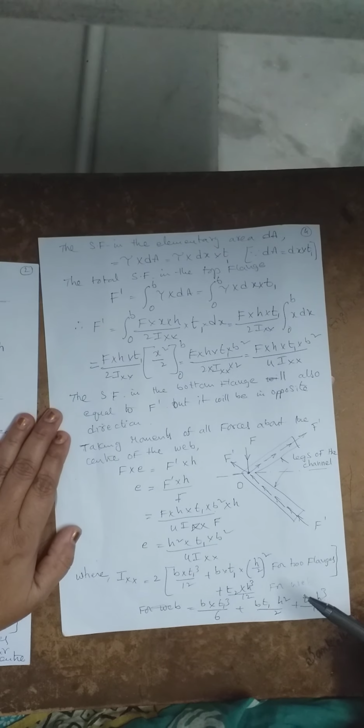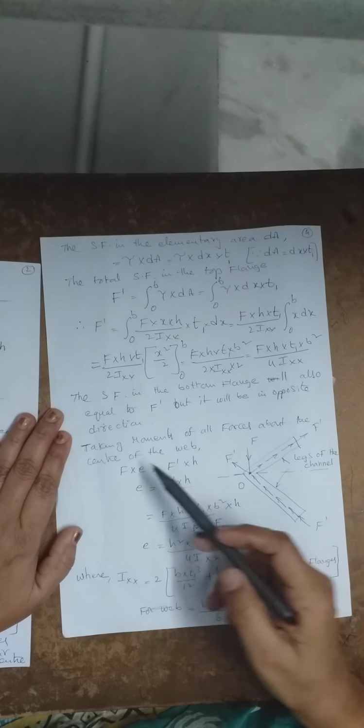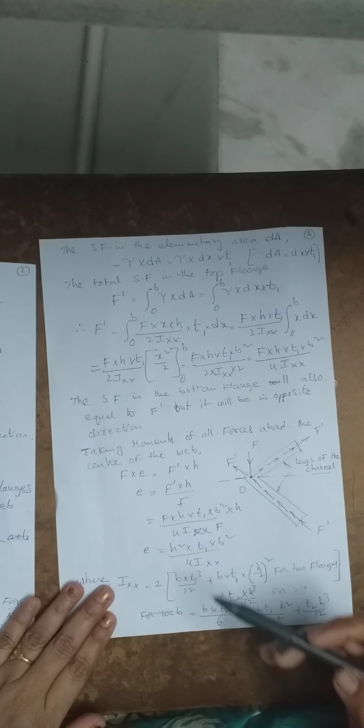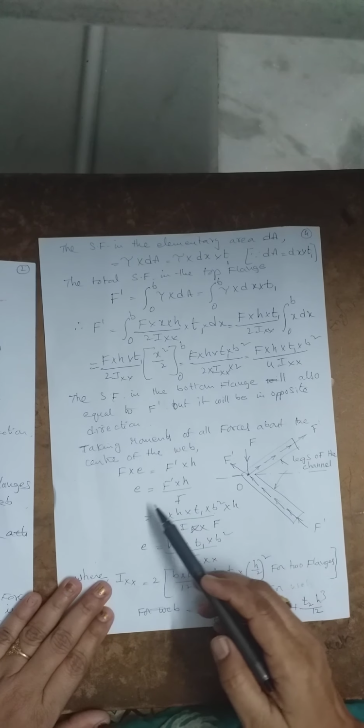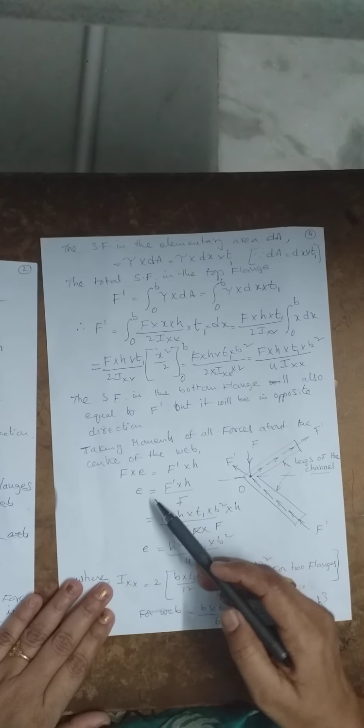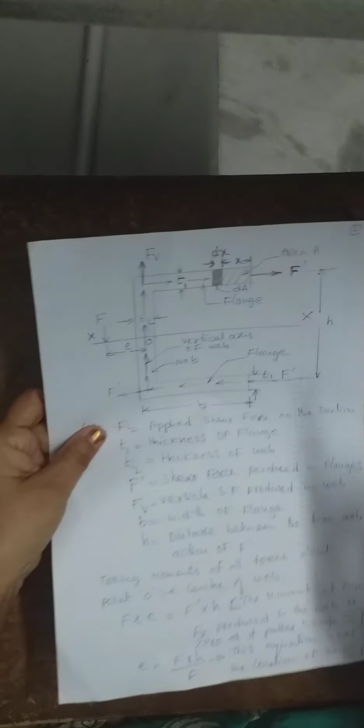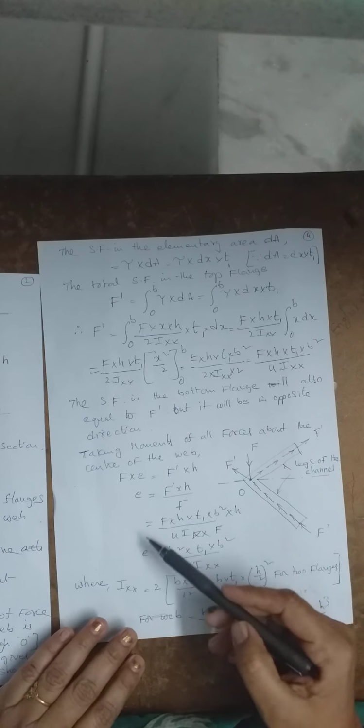So now we take the moments of all forces about the center of the web. So this is the center of the web. So here this force and f dash. Now we have found out the value of f dash, that we substitute here.